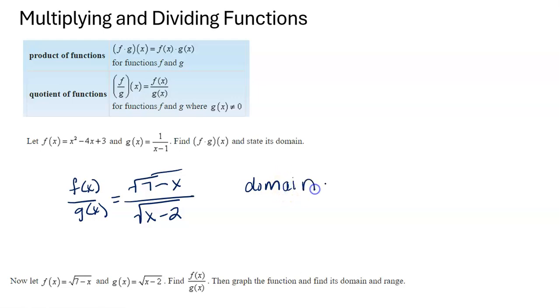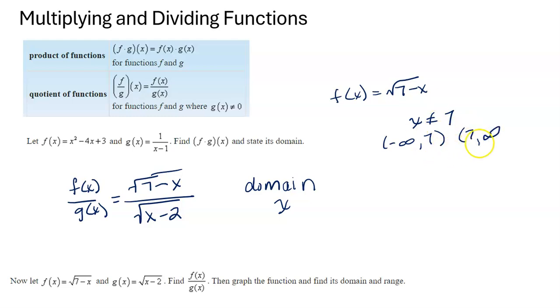So the domain of this, remember that's x. So x cannot be 2, right? So we know for f of x, which is the square root of 7 minus x, I know that x cannot equal 7. It can be negative infinity to 7, and then 7 to infinity, but it can't be 7.